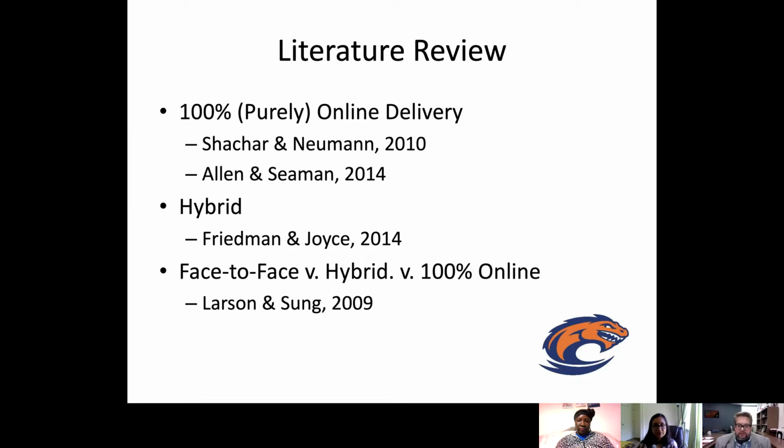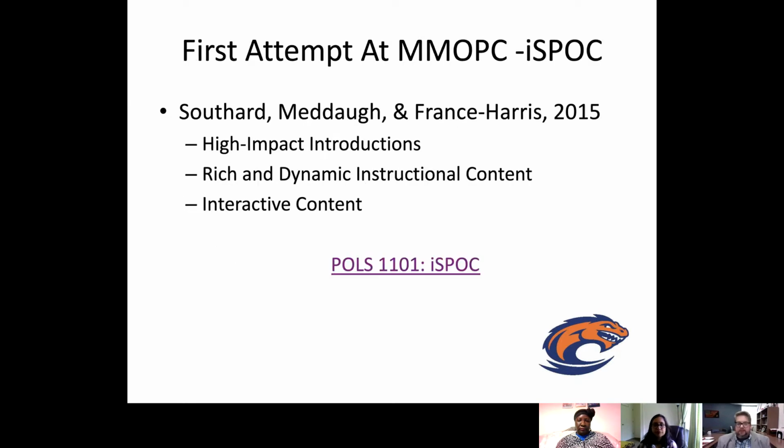Friedman and Joyce went a little further and said the hybrid model has pretty much the same findings, but they argue that live testing keeps the class honest. Then there's been a string of literature on face-to-face versus hybrid versus online. The key finding everyone cites is Larson and Sung in 2009, which says there really is no empirical evidence that any of these delivery methods are different, that they all provide high quality courses, depending on the student. That was always the key thing: it depends on the student.